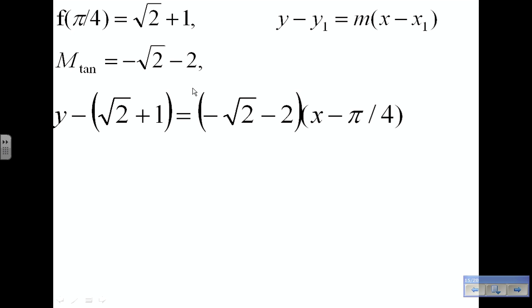It's y1, that's the y value. Here's the x value, pi over 4. I checked. I Googled it. I said, Google me the equation of a tangent line, normal line, of the equation cosecant of x plus cotangent of x at the point pi over 4, f of pi over 4. I got that.